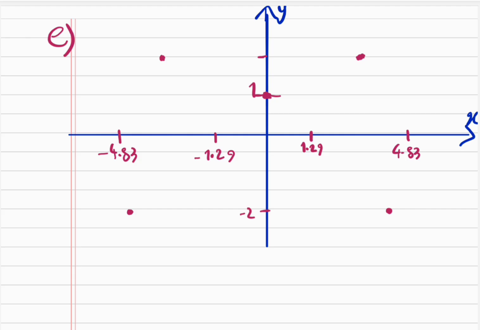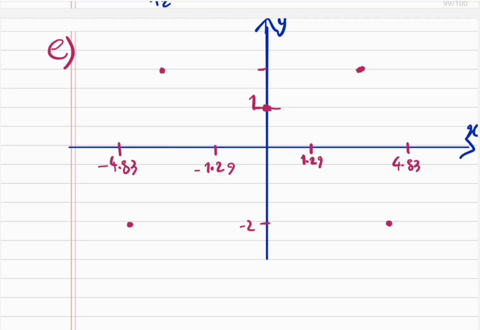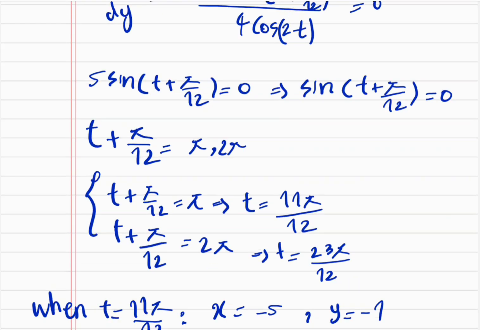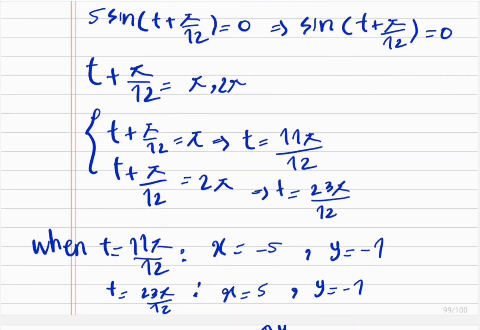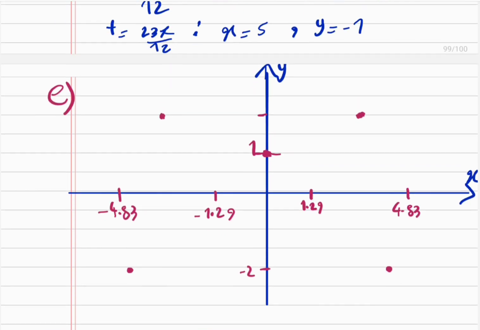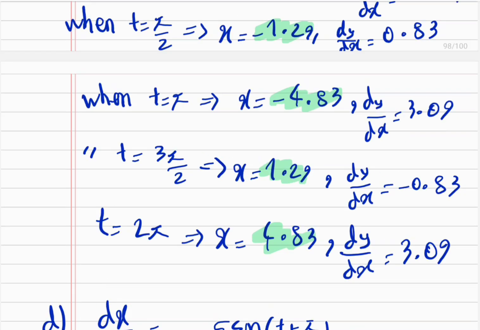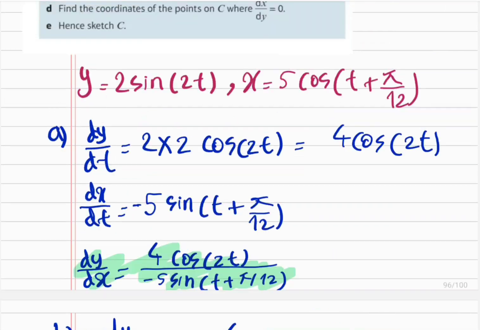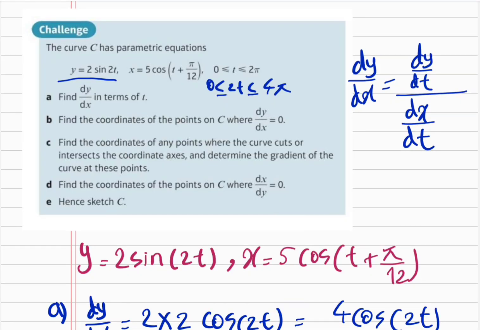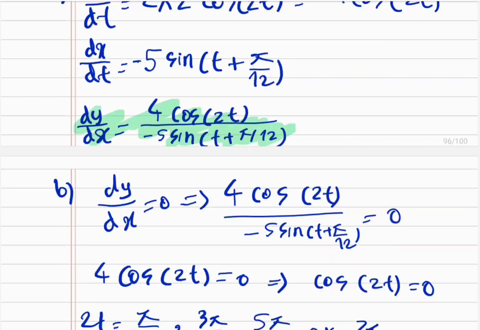Okay, now we can put a dot on the x-intercepts, because ultimately we are going to match all of these, so it's better to have dots. And then finally, as we discussed earlier, in part D we found where dx by dy is equal to 0, or basically where the tangent is vertical. So we can use those as well.